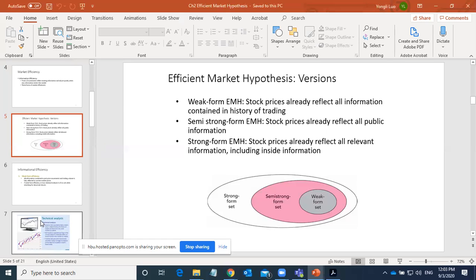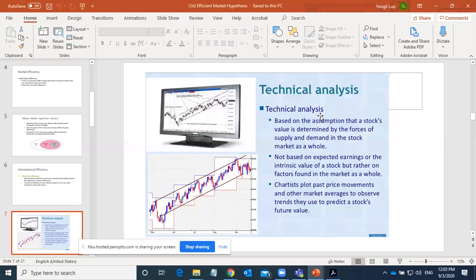Okay, so the weak form, let's go here. If the weak form efficiency is true, the price already reflects all the historical information. So can you do technical analysis to make money?